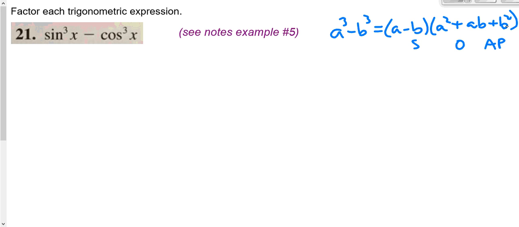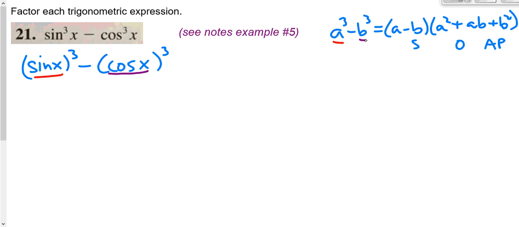Okay, so what we have here is sine of x cubed. So sine of x is our a. And then we have minus cosine of x cubed. So cosine of x is our b. So we start with a minus b, sine of x minus cosine of x.